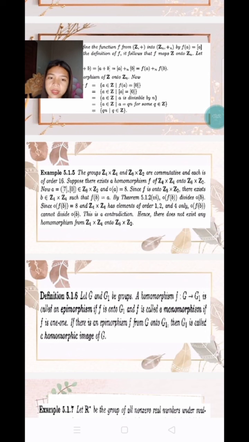Hence, there does not exist any homomorphism from Z sub 4 cross Z sub 4 onto Z sub 8 cross Z sub 2.